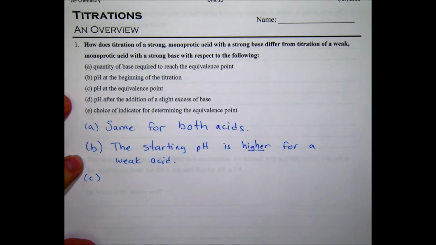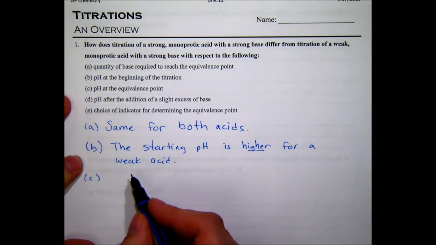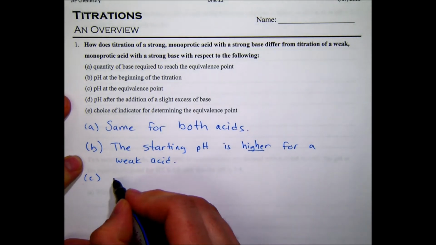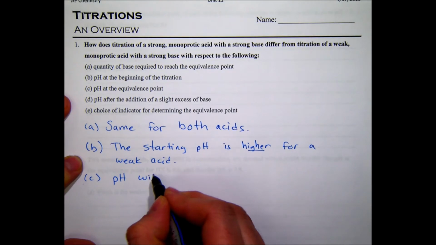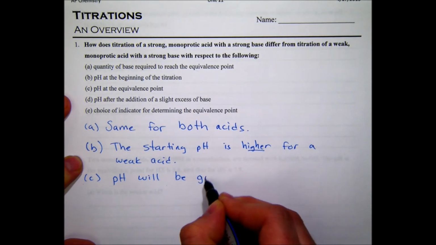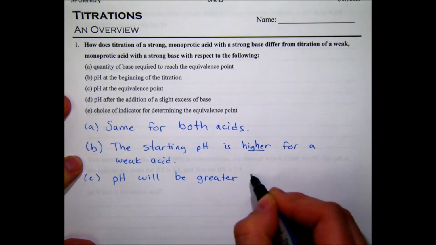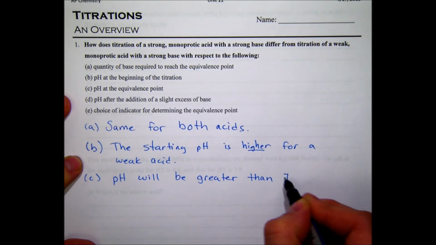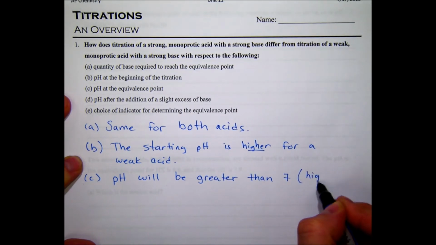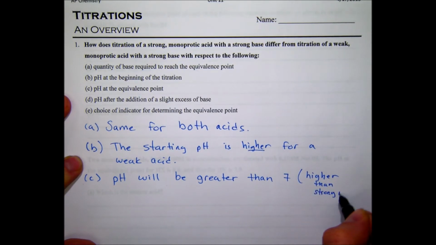C, the pH at the equivalence point. So if you are titrating a weak acid with a strong base, the pH will be greater than 7, or basically higher than a strong acid.